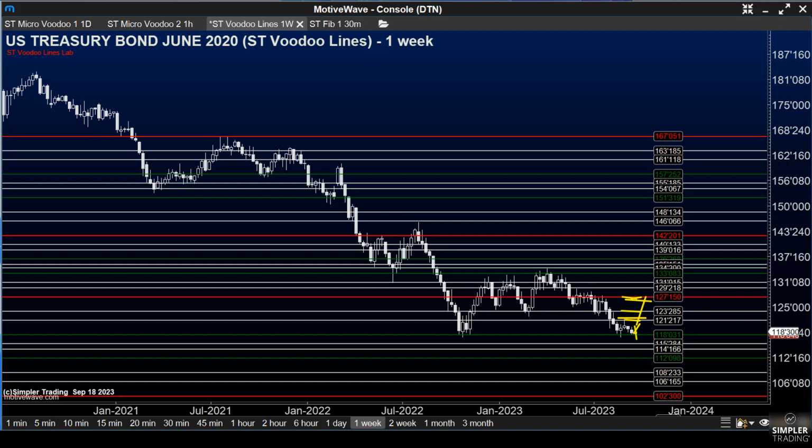But if it breaks 118 and stays below 118, then I would look towards potentially that 112 area as the next stop down. So you can certainly use these if you're looking to trade the bonds.